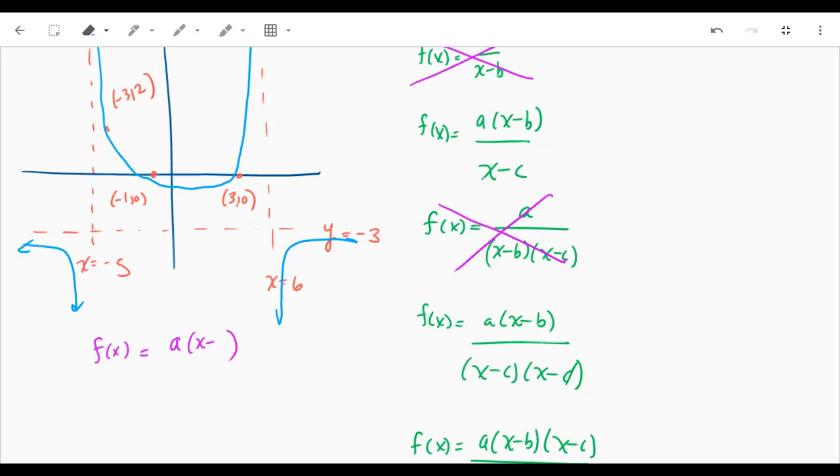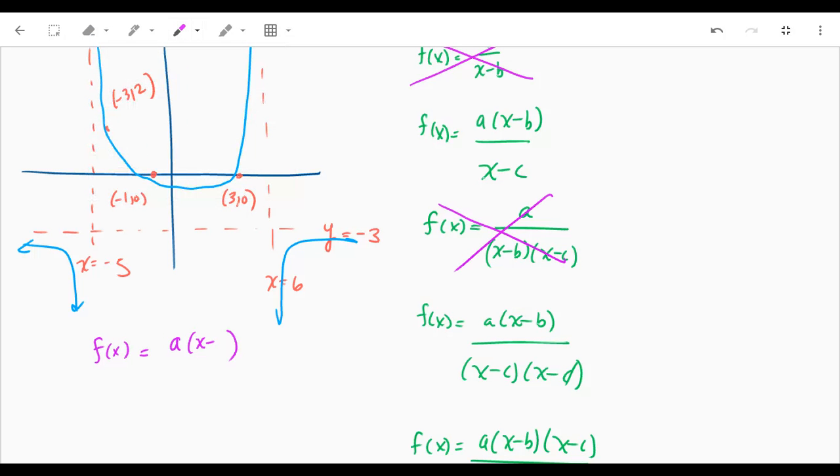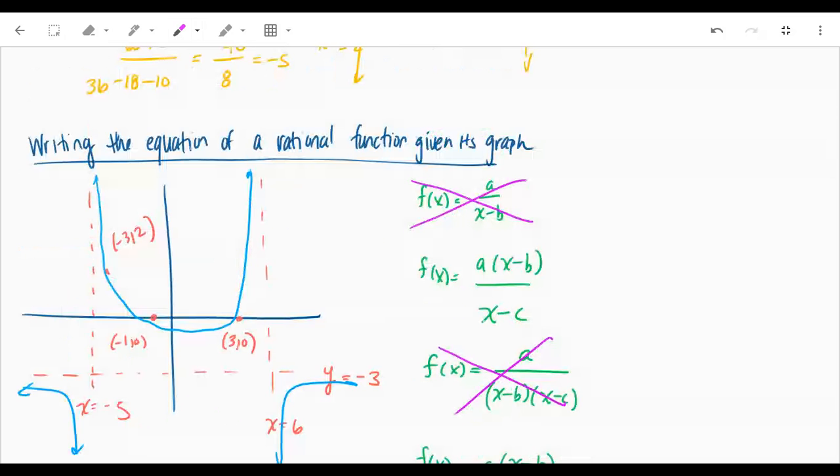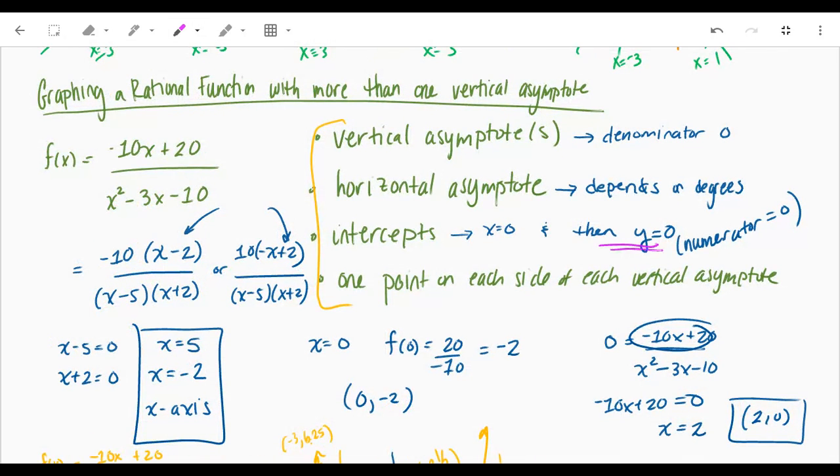Okay. There are two x-intercepts, right? X equals -1 and x equals 3. So again, if we go back up here, remember, y equals 0 when the numerator equals 0. And in this problem, there was one thing that made y equals 0. It was when x was 2.